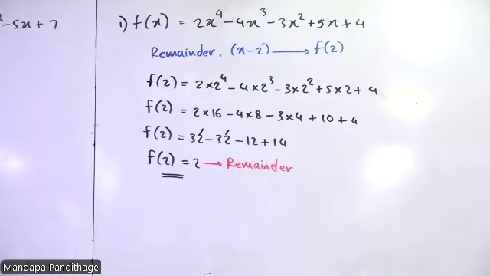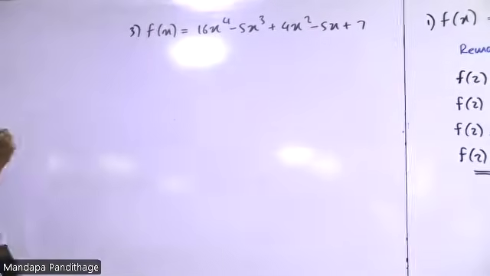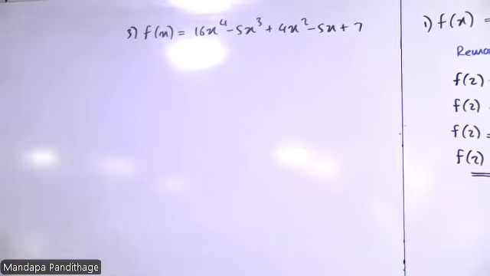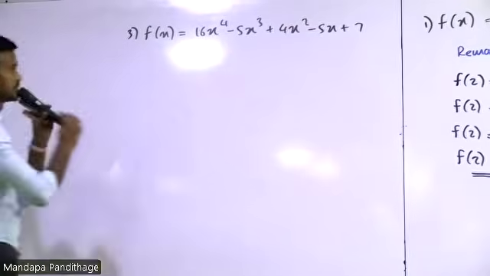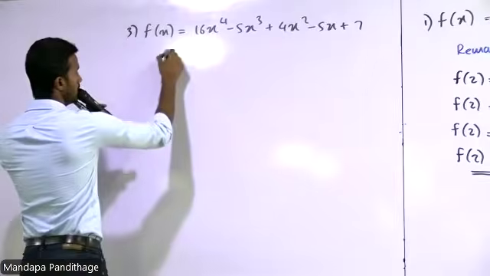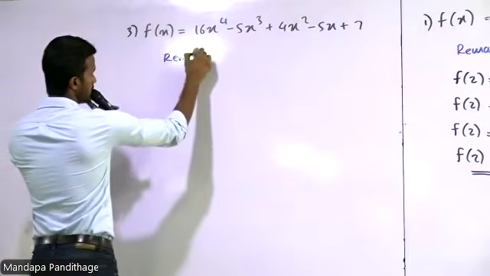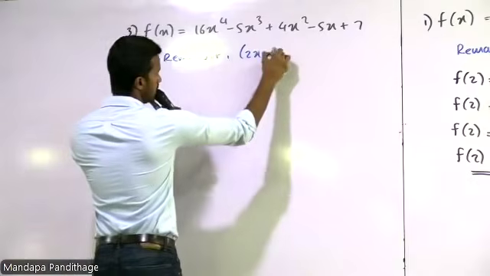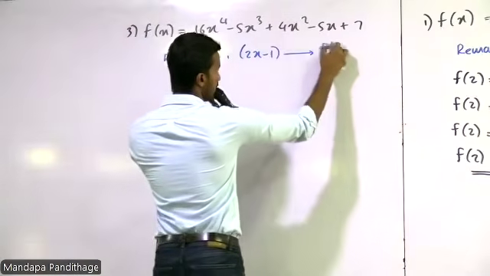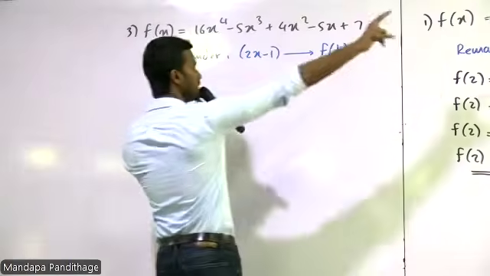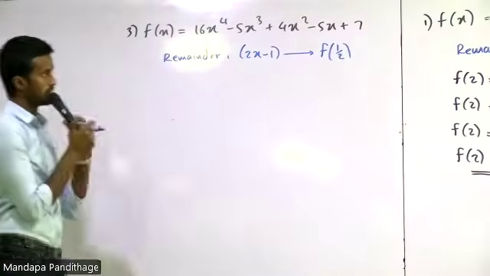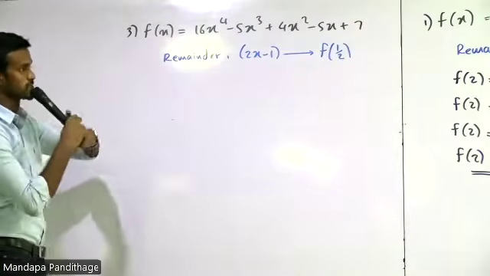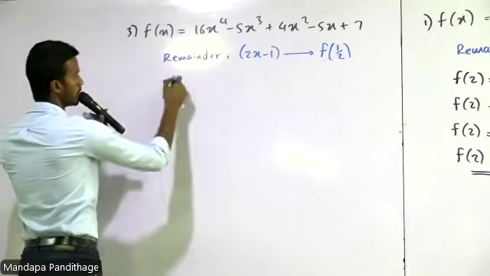Clear? Okay. Check whether you have done the simplification properly. They are asking about the remainder when divided by 2x minus 1. By the remainder theorem, we know it's f(1/2). Now we are supposed to get f(1/2).